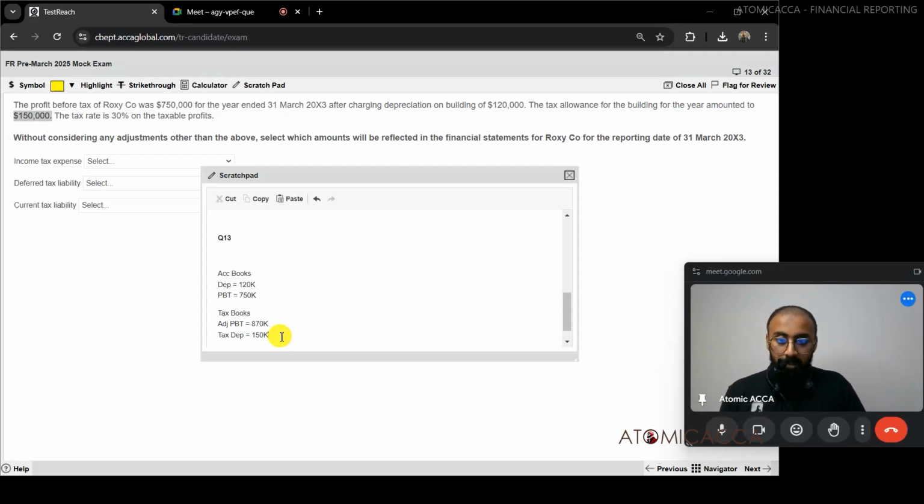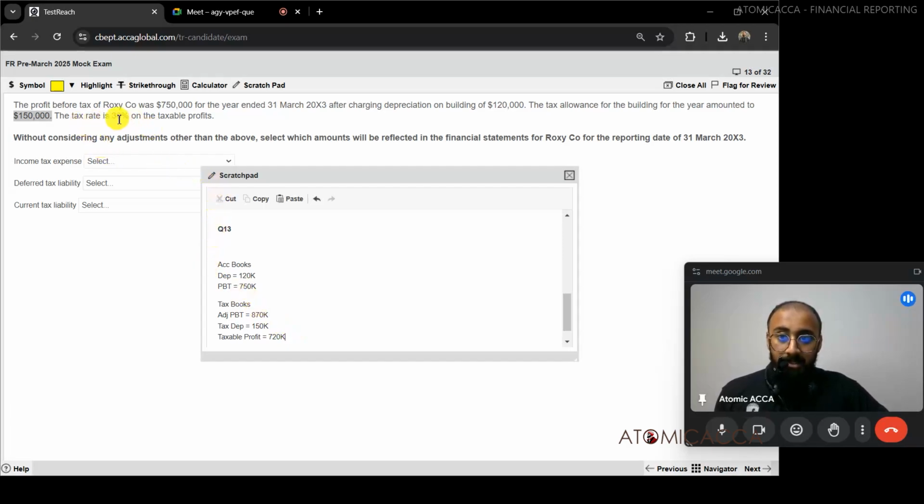So in that case, the profit within the tax books, which is basically called the taxable profit, will be equal to 870 minus 150. How much is that? 720,000. So 720,000 is the taxable profit. So that is sorted now.